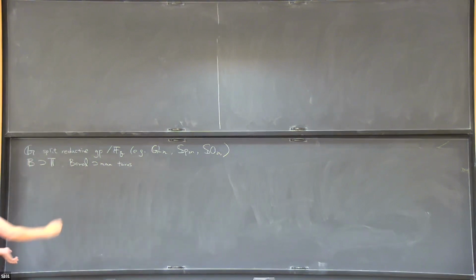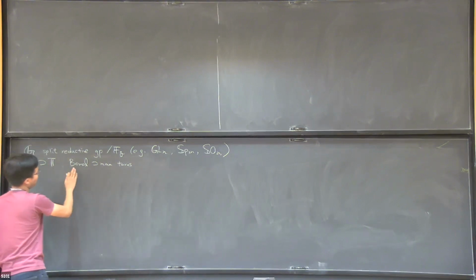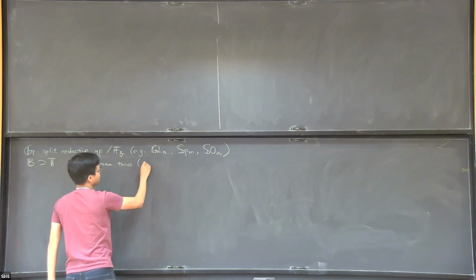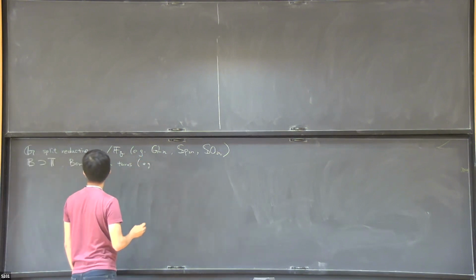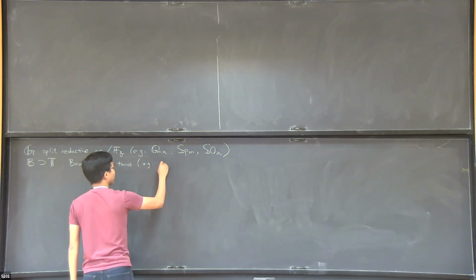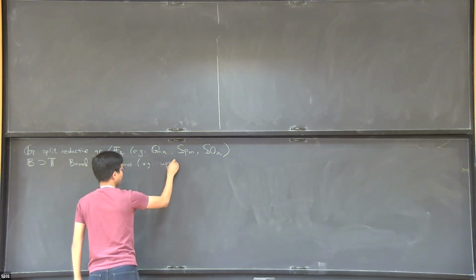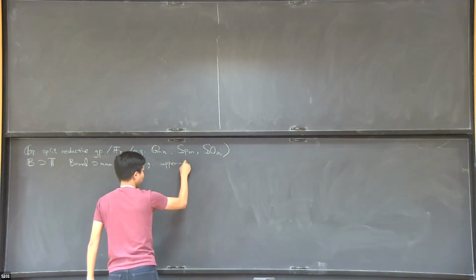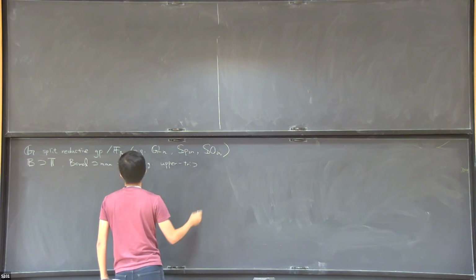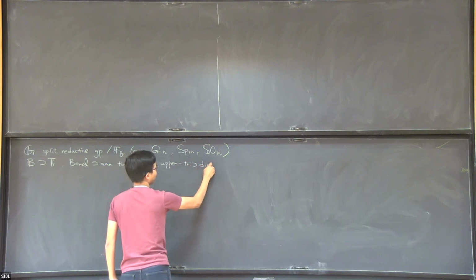For the Borel and maximal torus in the GL_n case, the Borel is just the group consisting of upper triangular matrices, and the maximal torus is just the diagonal matrices.